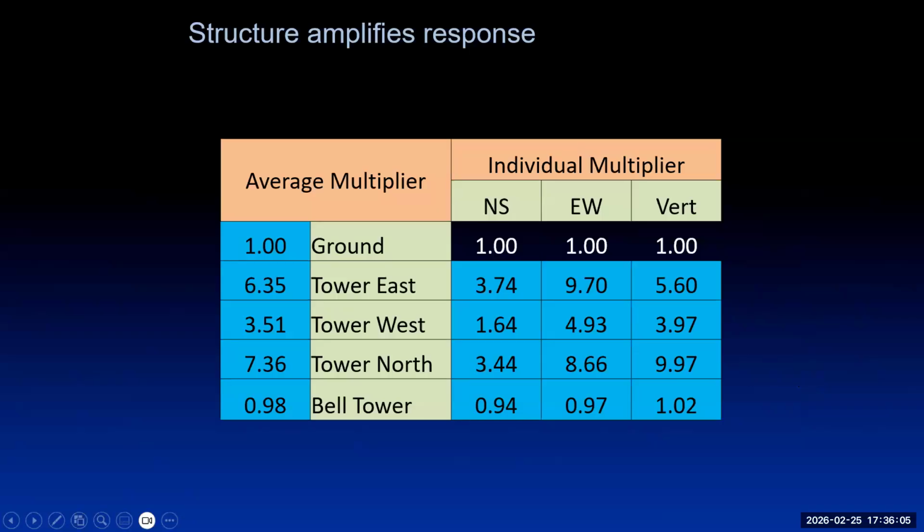What we've got at ground level, and we've had a factor of 1.0 there, and then measuring at different places: Tower East, Tower West, and Tower North, and the bell tower. You can see the bell tower had almost no amplification to it. But Tower North, that was in the vertical direction, it had a 10 times.